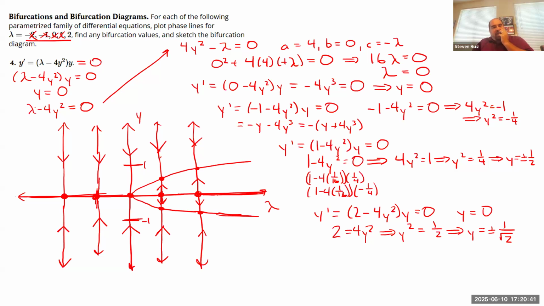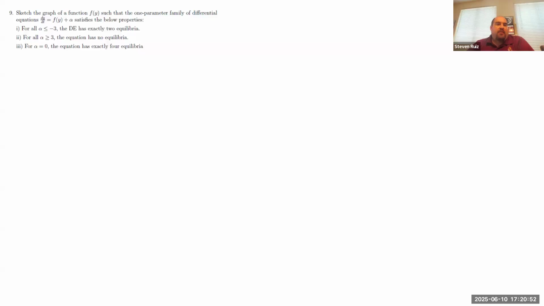So those are good bifurcation diagrams, and hopefully seeing those two different ways that I approached it was valuable. Right, moving on. Sketch the graph of a function f of y, such that the one parameter family of differential equations dy/dt equals f of y plus alpha satisfies the below properties.